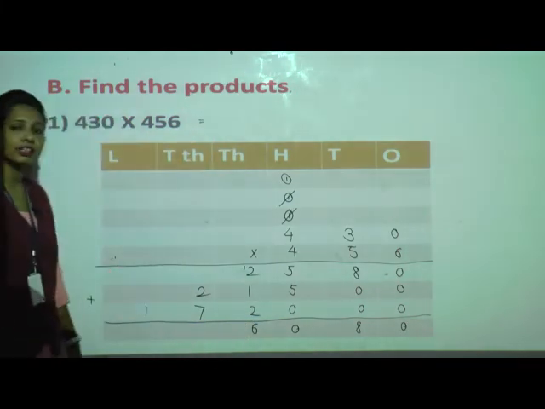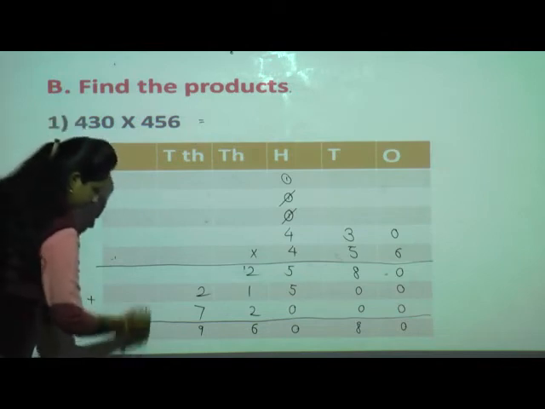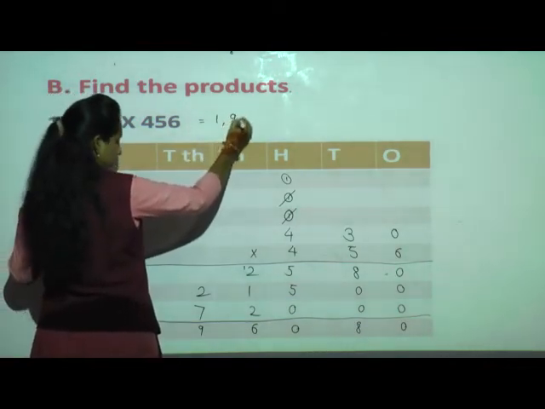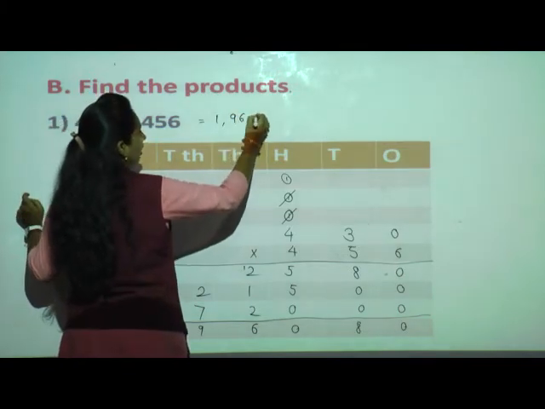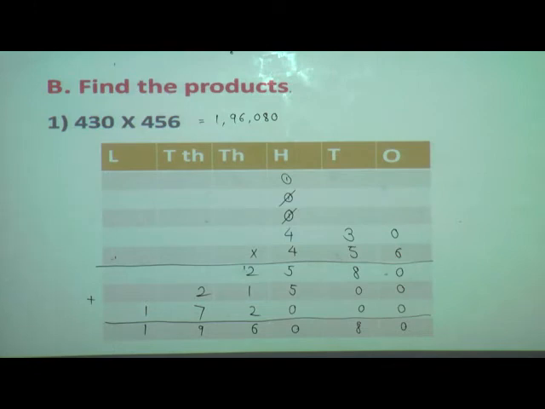Now 2 plus 7 is 9 and 1 as it is. So what is the answer? 1,96,080. This is the product. Understood? Clear? Now I will solve one more question.